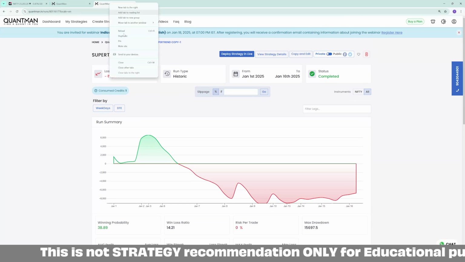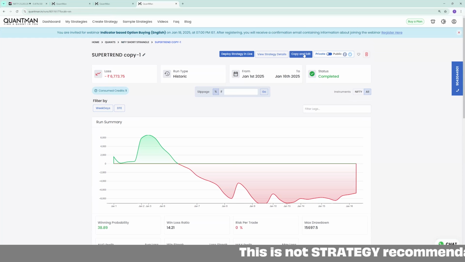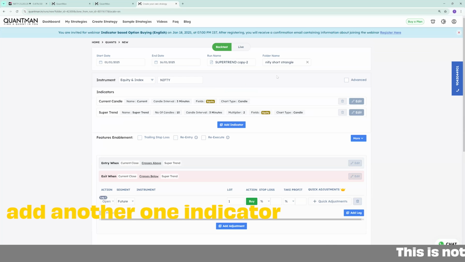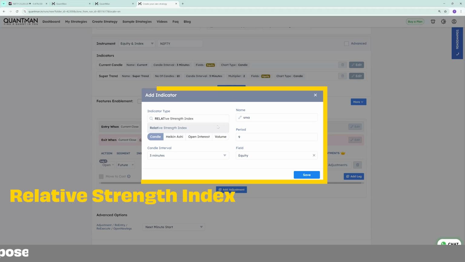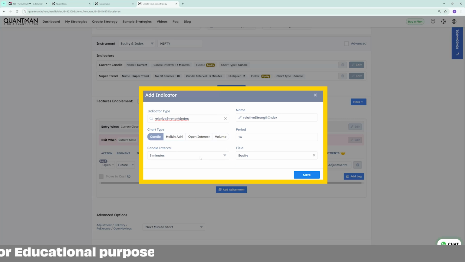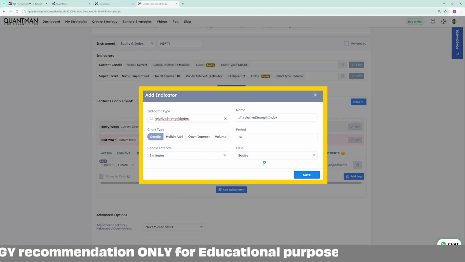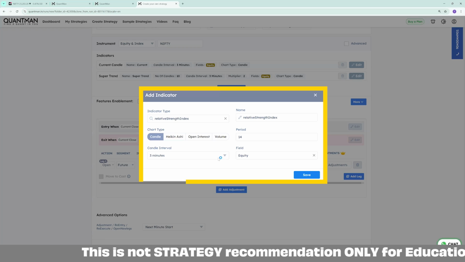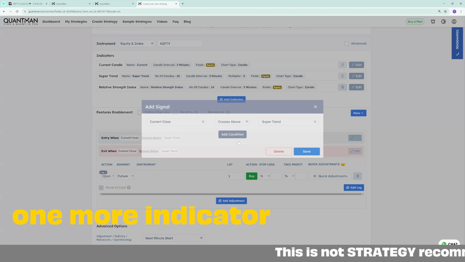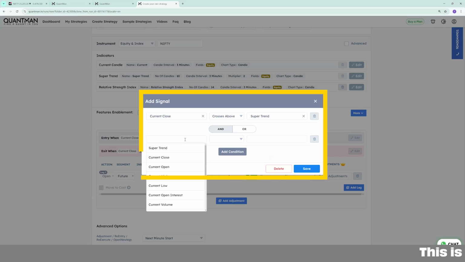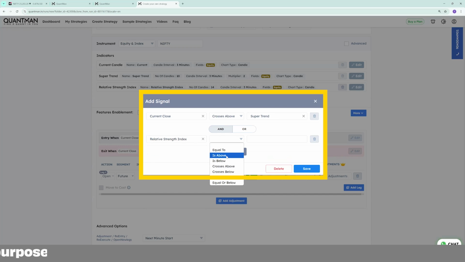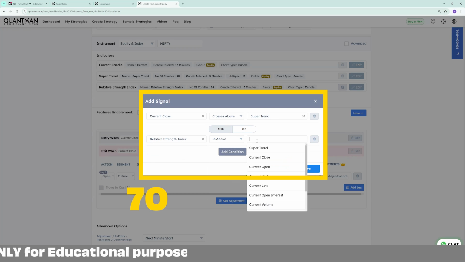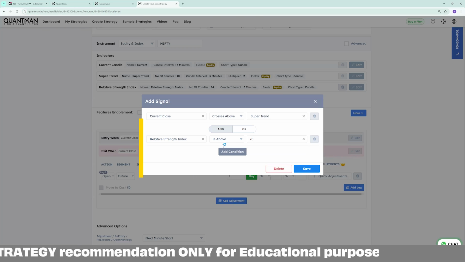So what we can do, we can add one more indicator with different properties. I use the Relative Strength Index, same without changing any properties: 14 period, 3 minute time frame, equity. I add one more indicator and condition, relative strength is above 70. Exit condition is the same.